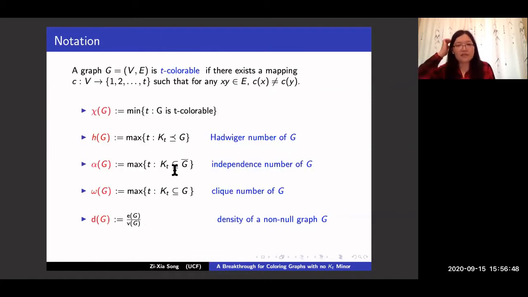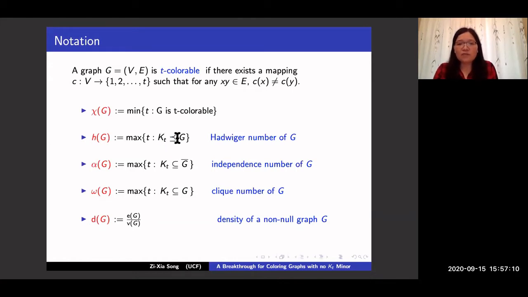Now let me say here the notation I'm going to use during my talk. So the vertex coloring here is going to be a proper vertex coloring. So we use chromatic number chi(G). Now the Hadwiger number here is defined to be the largest integer t such that Kt is a minor of G. So this means the minor relation here.